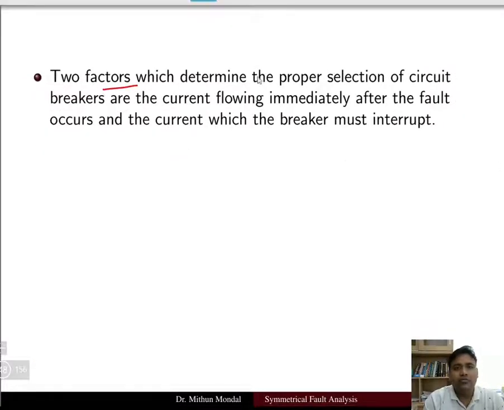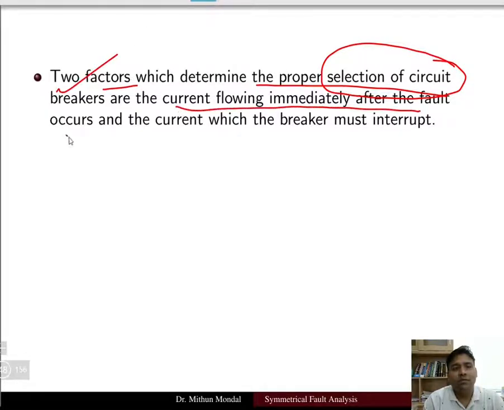So two factors determine the proper selection of a circuit breaker: the current flowing immediately after the fault occurs, and the current which the breaker must interrupt. So as soon as the fault occurs, what is the amount of current flowing, and what is the rating of the breaker.